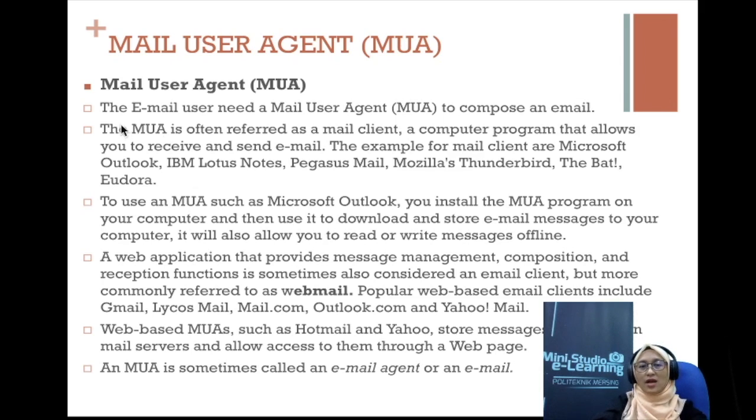MUA is often referred to as an email client, a computer program that allows you to receive and send email. Examples of email clients are Microsoft Outlook, IBM Lotus Notes, Pegasus Mail, Mozilla Thunderbird, The Bat, Eudora, etc. To use an MUA such as Microsoft Outlook, you need to install the MUA program on your computer and then use it to download and store email messages to your computer. It will allow you to read or write messages offline.